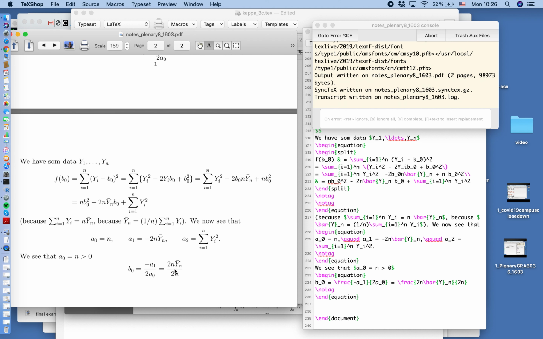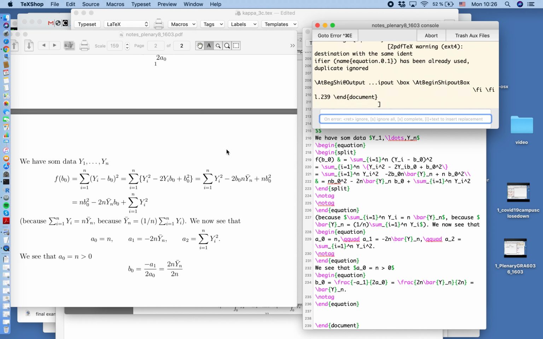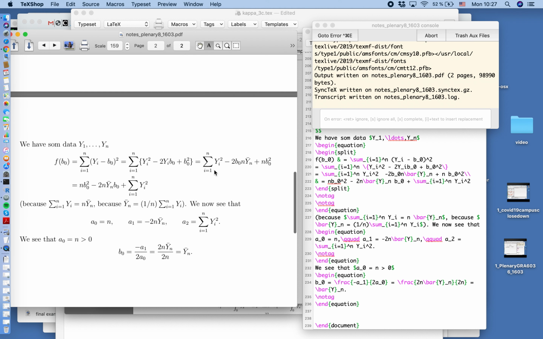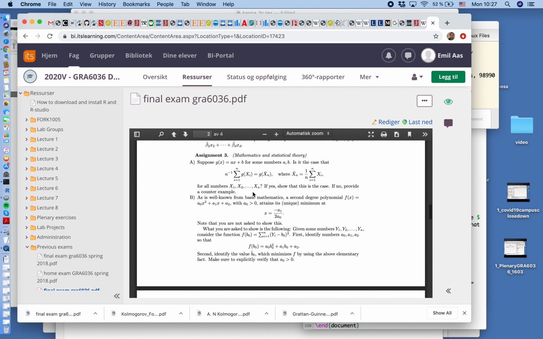We get this, and now we see that the 2 times n cancels against 2 times n. So this is equal to the mean of the y's, which we knew already. I think that was the exercise. In the next video, I'll do some more math exercises from another previous exam.